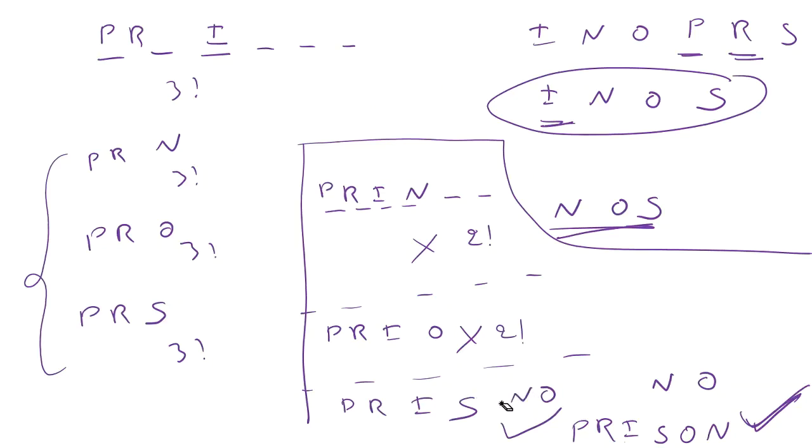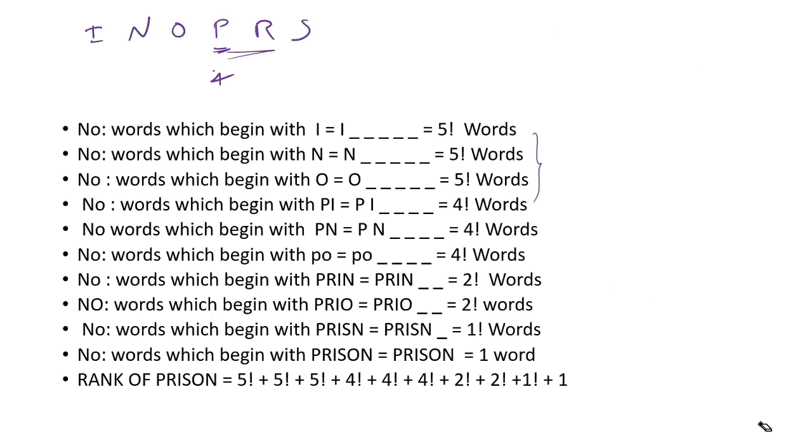With this PRIS we have these 2 words: PRISNO and PRISON. So our required word is this one, PRISON. So here I have listed down those things. Therefore the rank of the word is equal to this one. No need to expand all these things, we can just write it like that.